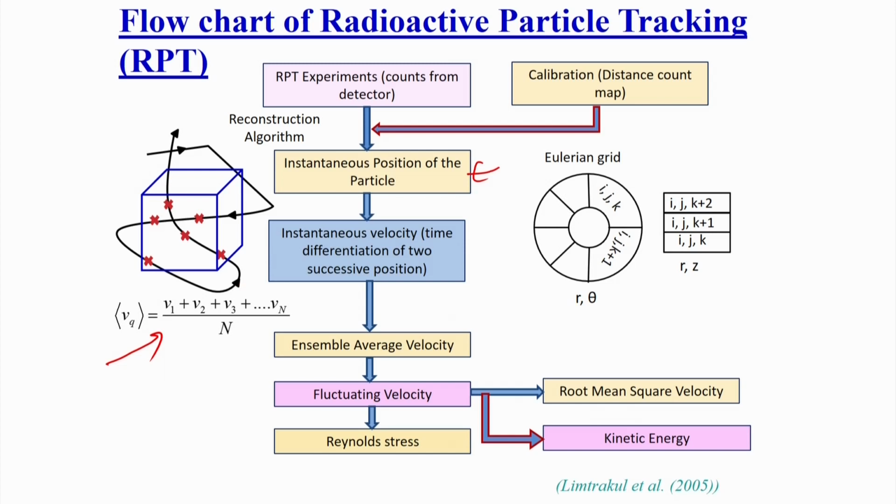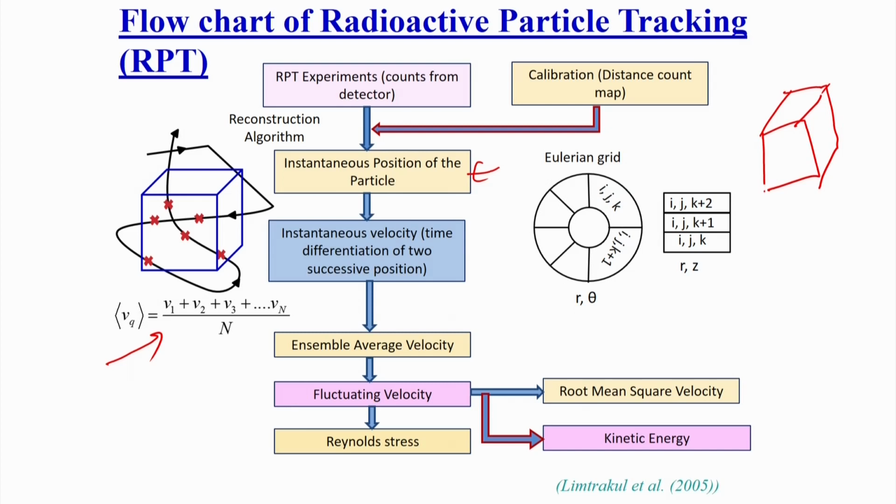Now, the beauty of this technique, if you try to understand, is that suppose in any grid cell the particle visits the cell several times, say n times, the way it has been shown. What does it mean?